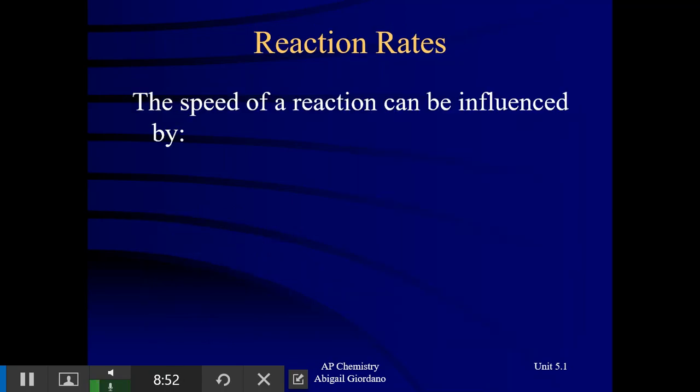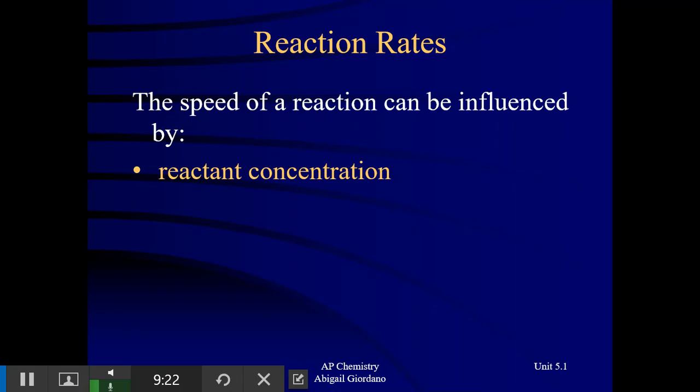Let me finish off this subunit by saying some of the factors that can affect how fast or slow a reaction can go. Reactant concentration. We're going to talk more about this later on in this unit, but reaction rates are dependent upon how many collisions there are between the reactant particles.